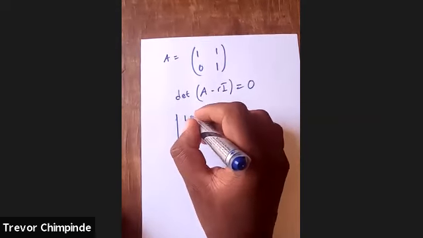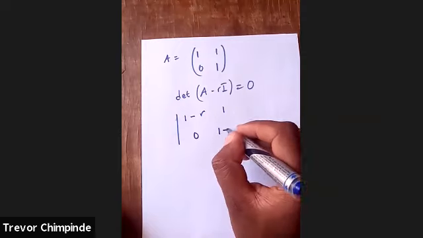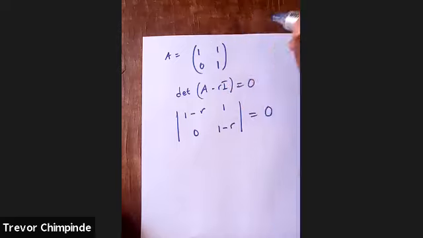So this is 1 minus R, 1, 0, then 1 minus R. Sorry, it's 0, 1, 0, 0. Yes, 0, 0 here.